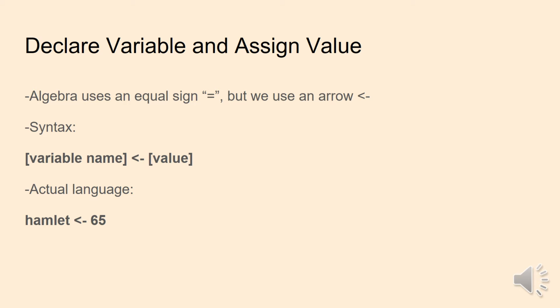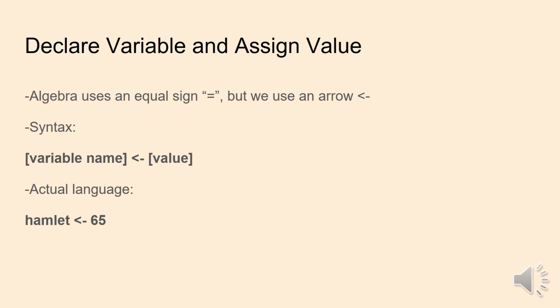Okay, in algebra, when you assign a value to a variable, you use the equal sign, but in R, we use an arrow pointing to the left.